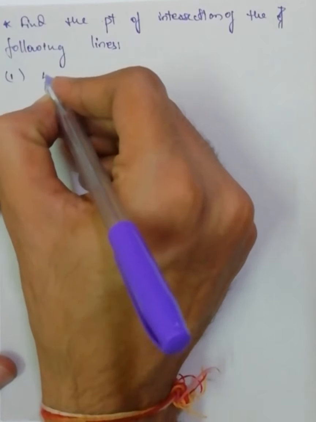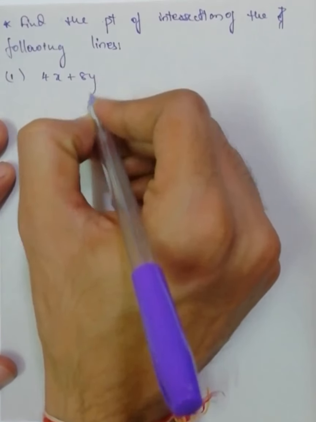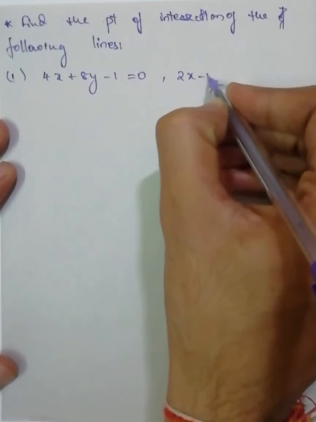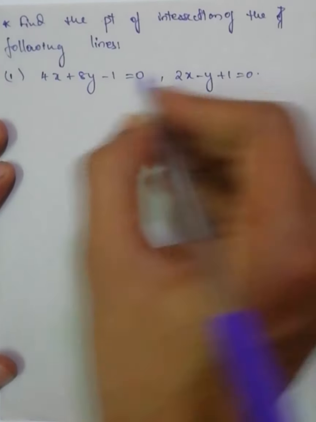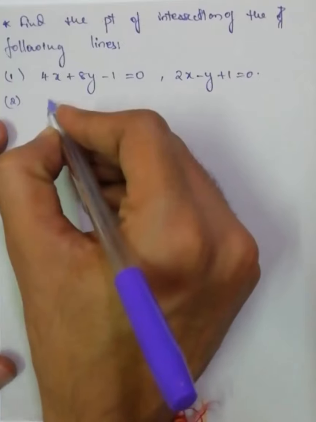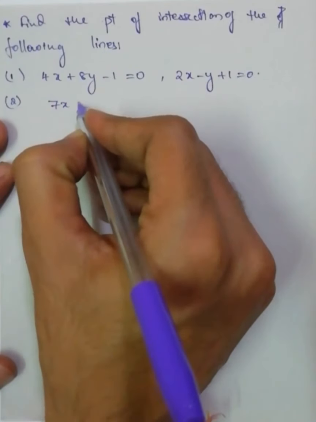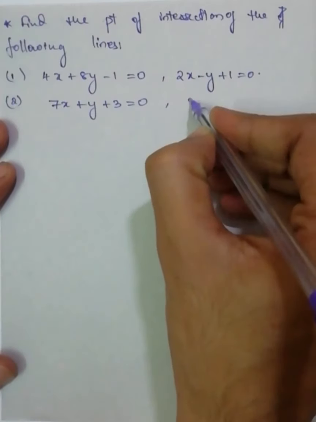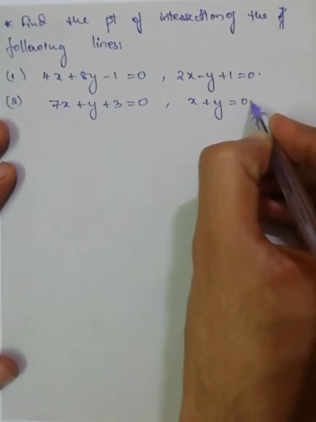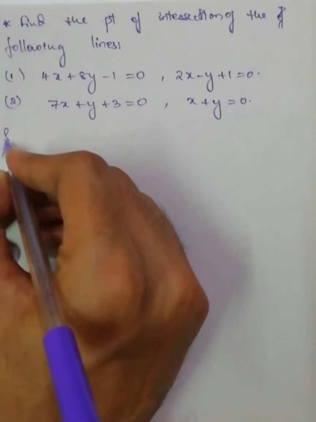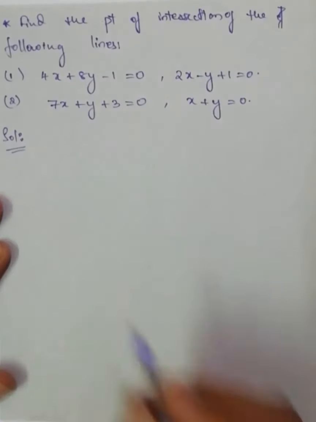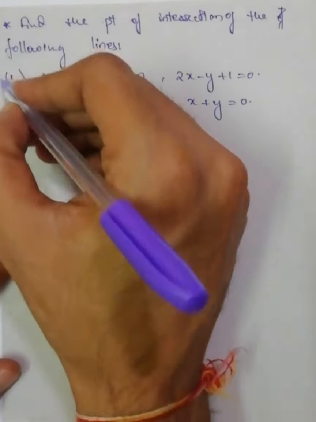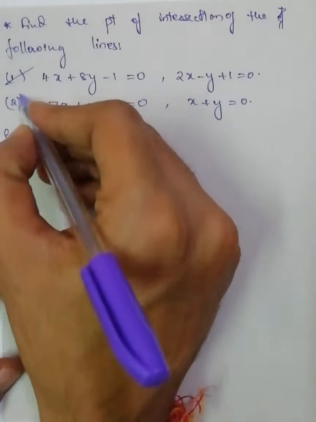First one, 4x plus 8y minus 1 is equal to 0 and 2x minus y plus 1 is equal to 0. Second one, 7x plus y plus 3 is equal to 0 and x plus y is equal to 0. Solution: I am going to solve the first one and the second one will be the homework.